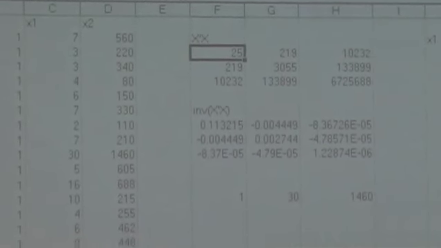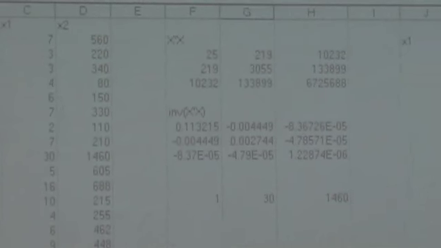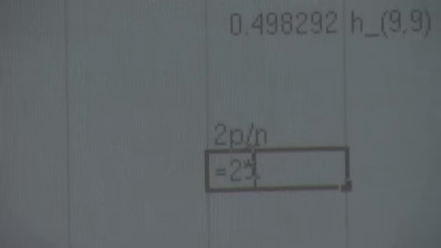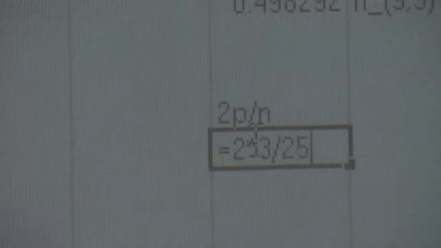That's 2p over n. So 2p divided by n equals 2 times 3 divided by 25, and I get 0.24. So this is bigger than 0.24. So observation 9 is a leverage point at least.